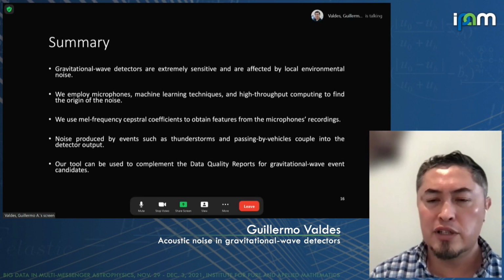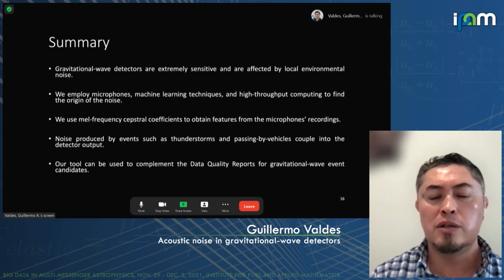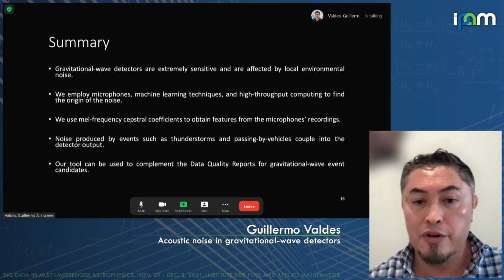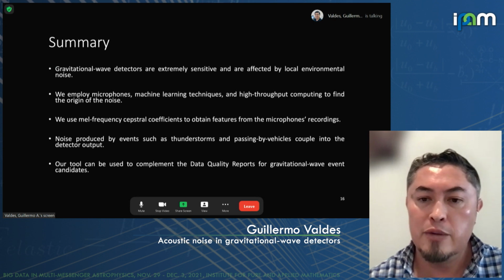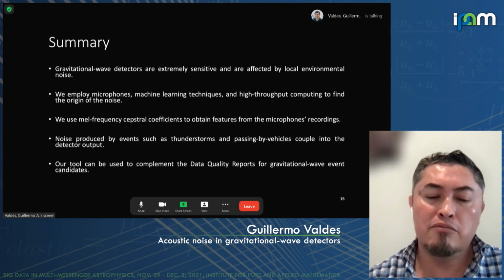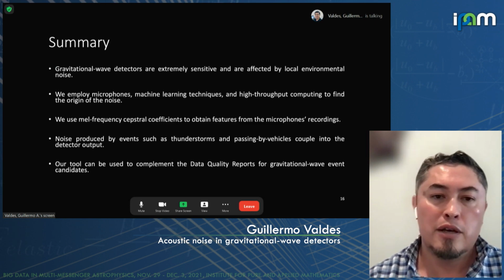We implement mel frequency cepstral coefficients to obtain the features from microphone recordings, and the acoustic noise, especially from thunderstorms and passing vehicles, has an effect in the gravitational wave channel. And this tool complements the data quality reports for the gravitational wave event candidates.